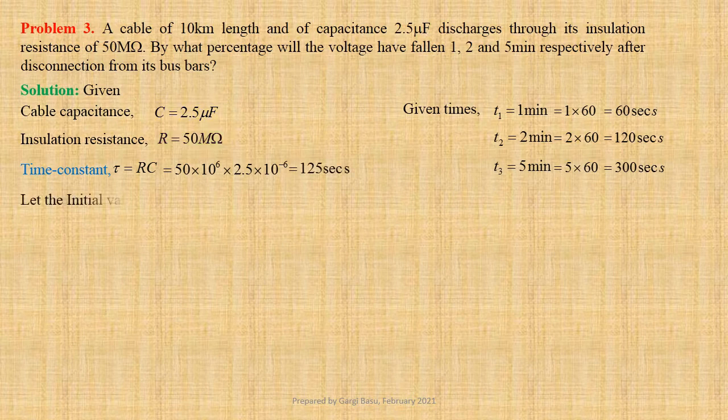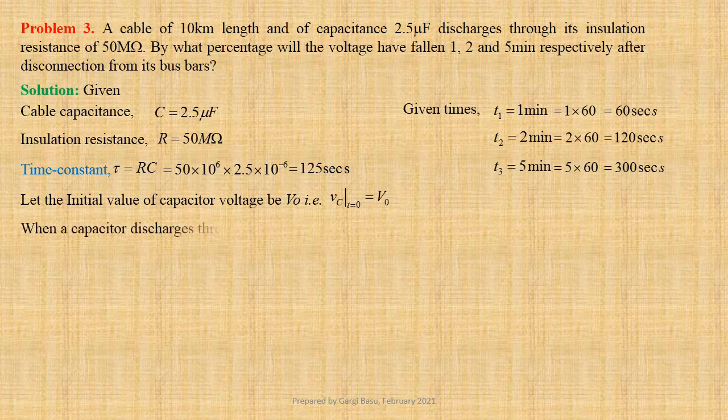Let the initial value of capacitor voltage be V0, that is Vc at t equals 0 equals V0. When a capacitor discharges through a resistor R at any time instant t, Vc equals V0 e to the power minus t by tau, where time constant tau equals R into C.